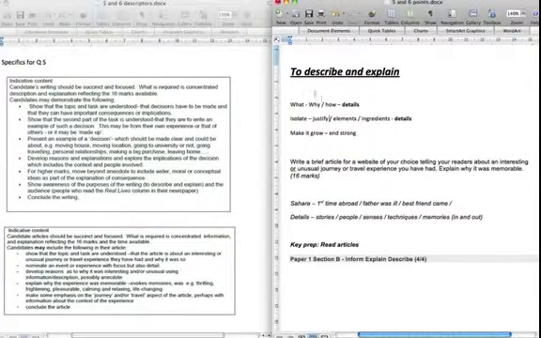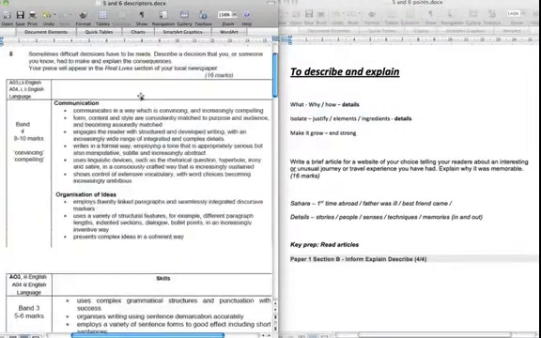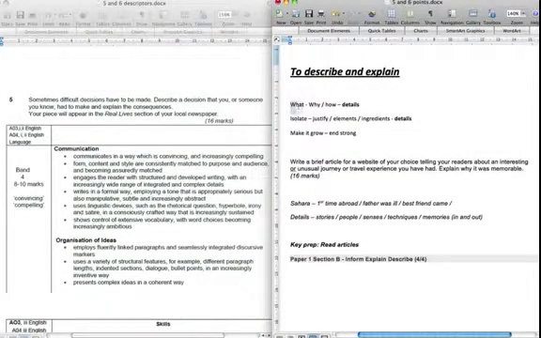What might be more useful to us is to have a base understanding of what we have to do. With any question we get, we have to say what we're doing. For an example of a mock question: sometimes you have to make difficult decisions. Describe a decision that you or someone you know had to make and explain the consequences. So we have to say what that decision was and what the consequences were.